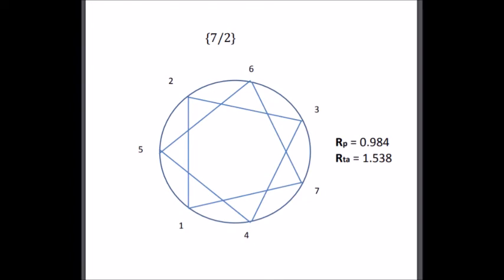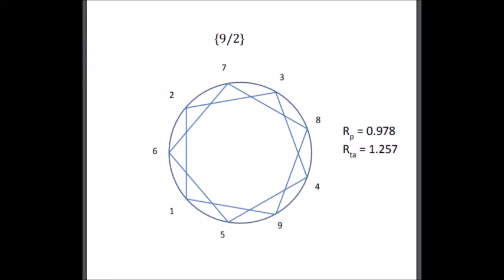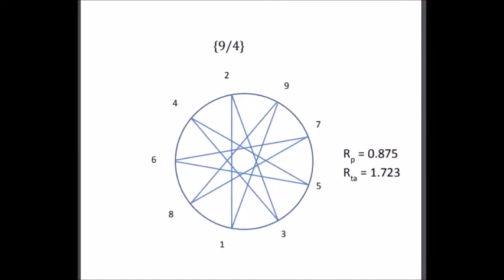Here's a 7/2 star polygon and 7/3 star polygon. Now we have the 9/2 star polygon and a 9/4 star polygon.